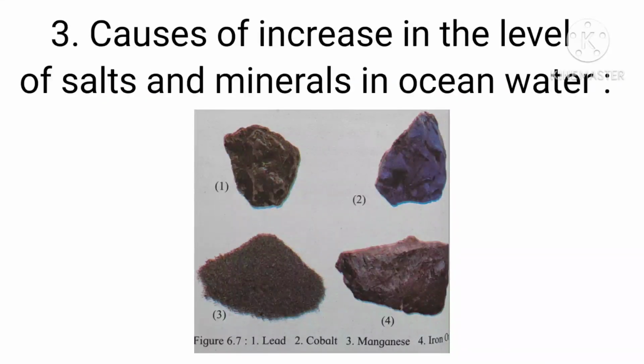Third, causes of increase in the level of salts and minerals in ocean water. Remains of aquatic life, trees and bushes flowing with the river water, etc., get decomposed in oceans, releasing various minerals and salts in the ocean water.